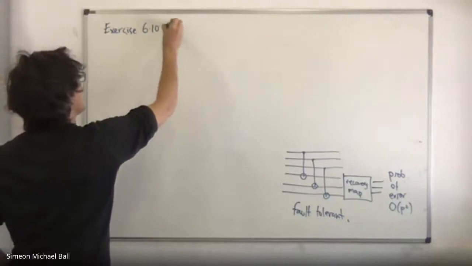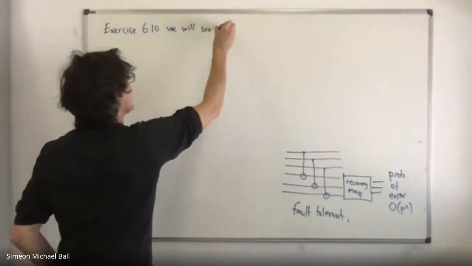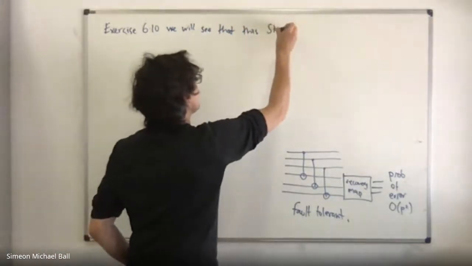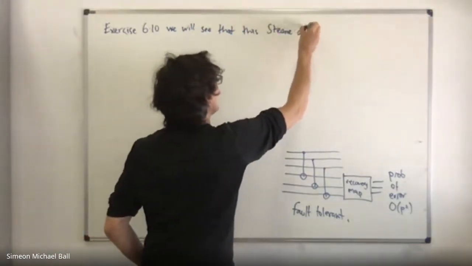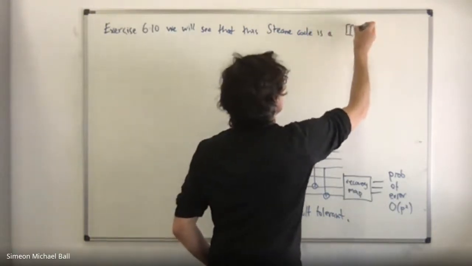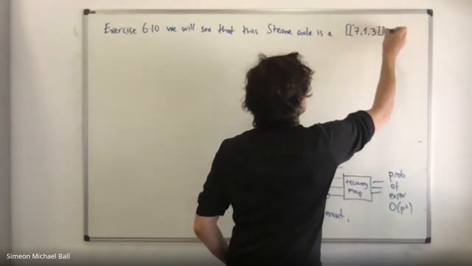We'll see that this Steane code is a [7,1,3] code.